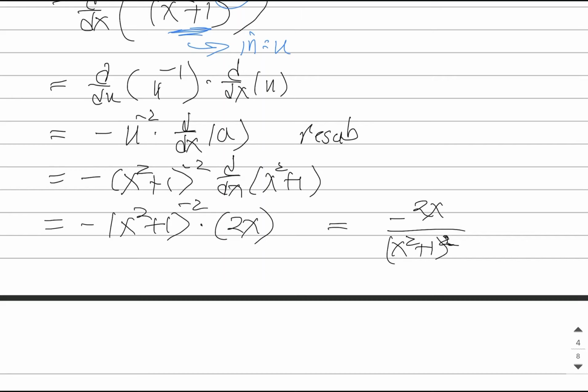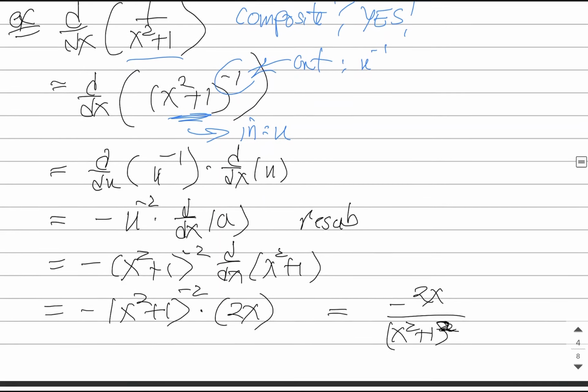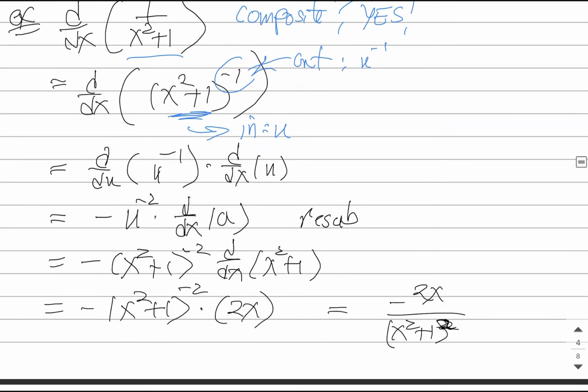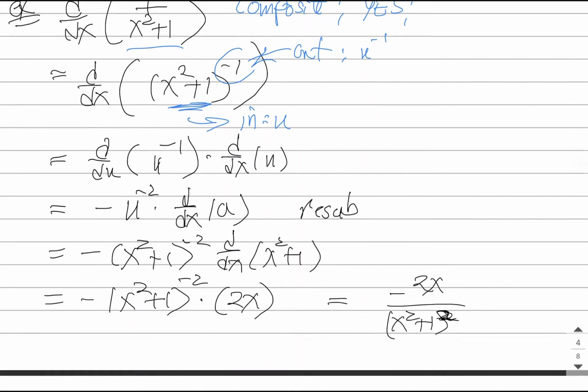And you can compare with the quotient rule, and you should get the same result as you would have gotten doing it this way. This way is likely quicker and more convenient for most people. So this is a very useful feature of the chain rule, that it allows you to differentiate powers of composite functions like this very easily.